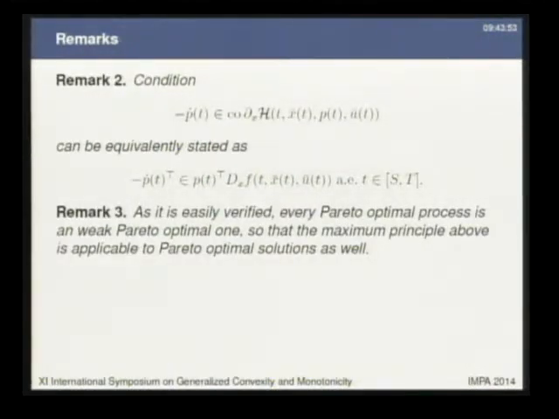I would like to remark that this inclusion, the adjoint inclusion, can be equivalently stated as this inclusion.